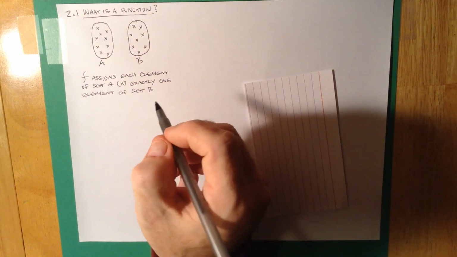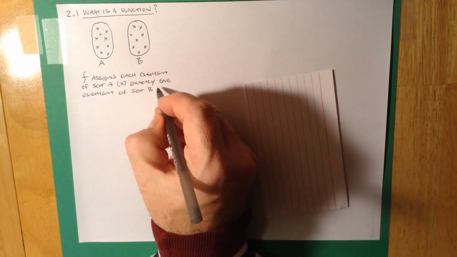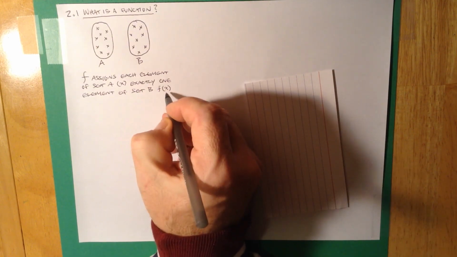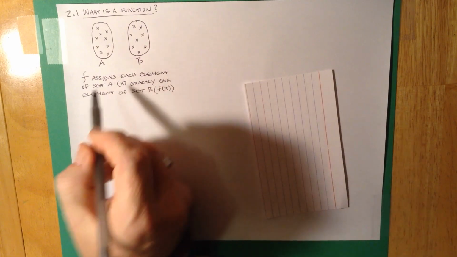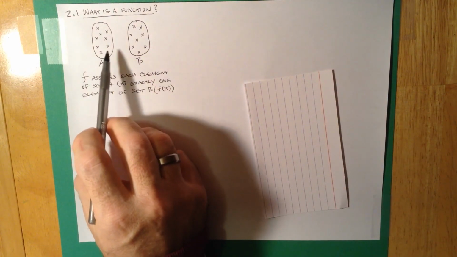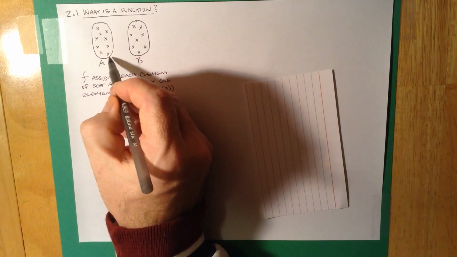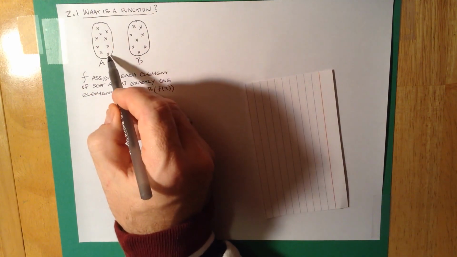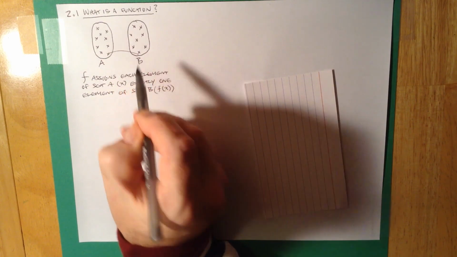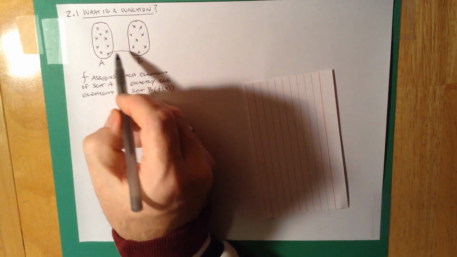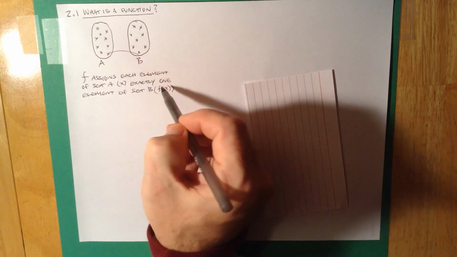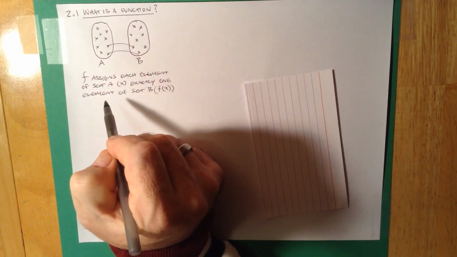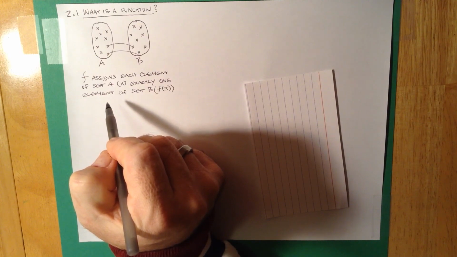And oftentimes we call the elements of set B the result of f of x. So if this is our x, then the function creates a mapping, creates a rule that says, okay, for this element in x, it goes to that element of y, or of f of x. This element of A, it is assigned to that element of B.